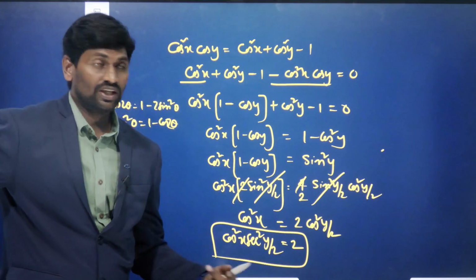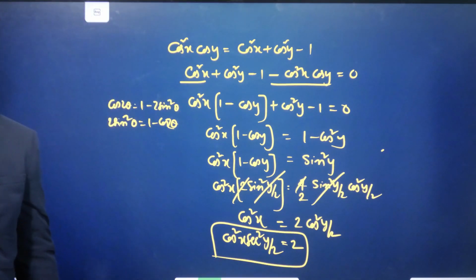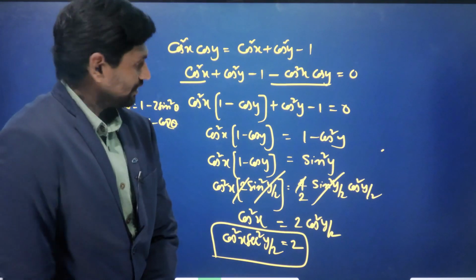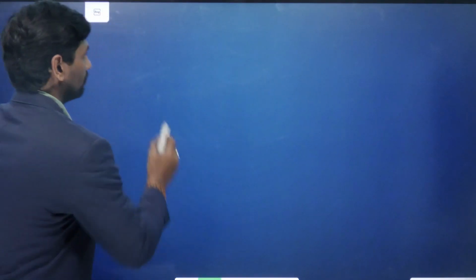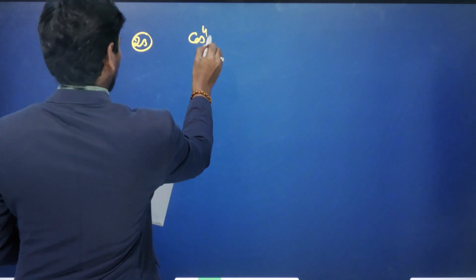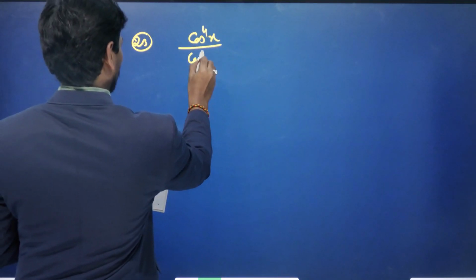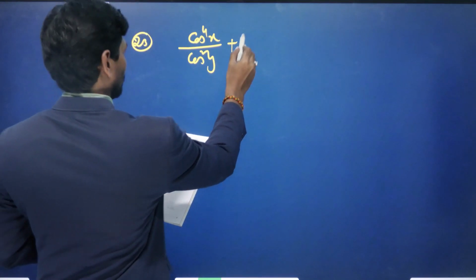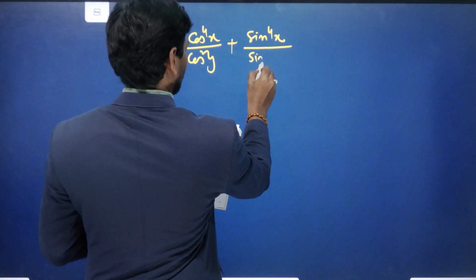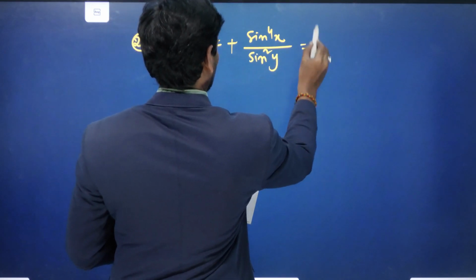So let us go to the last problem from this synopsis. The last problem, that is the 23rd problem, is given: cos power 4x by cos square y plus sin power 4x by sin square y is equals to 1.